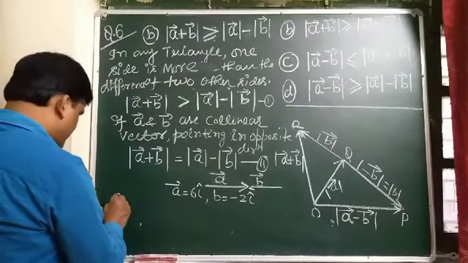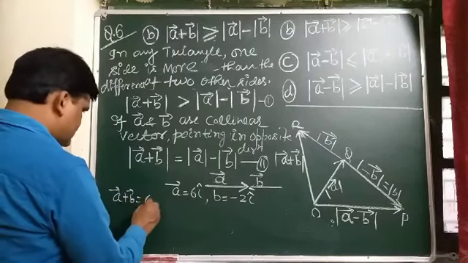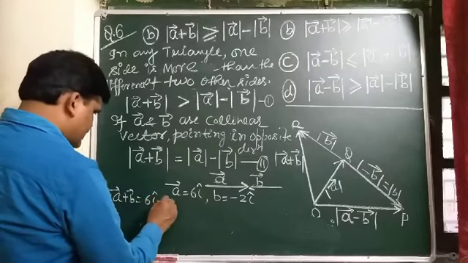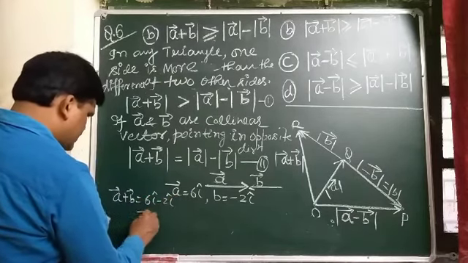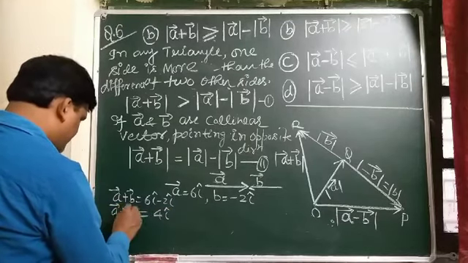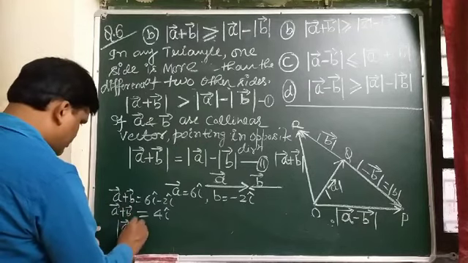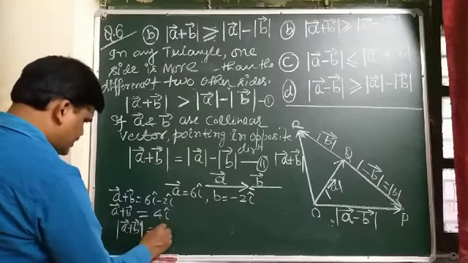So we have to find vector A plus vector B. Vector A is 6i cap, vector B is minus 2i cap, so vector A plus vector B is 4i cap. Taking the mod of this comes out to be 4.